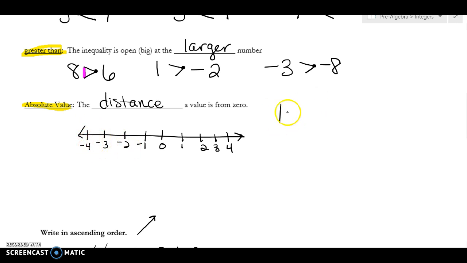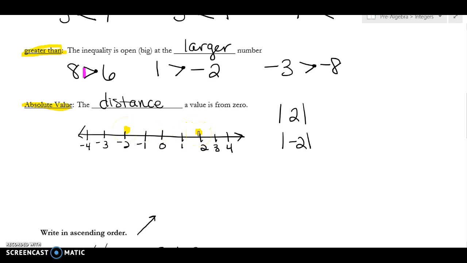Let's do the absolute value of 2 and the absolute value of negative 2. And so I'm going to highlight where 2 is. 2's right here. And negative 2's right here.